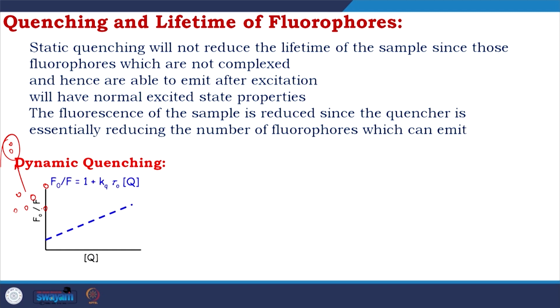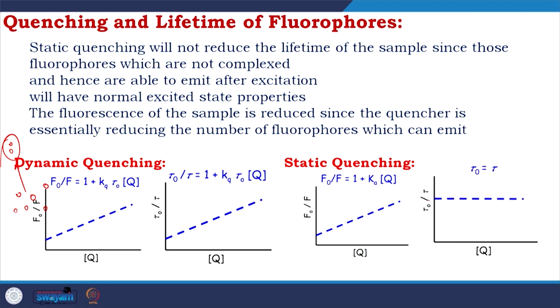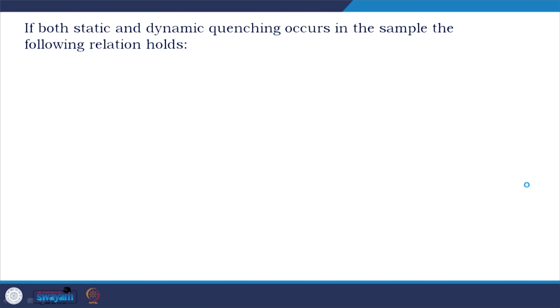So, if you see in dynamic quenching, this is the plot of F0 by F, and this is the plot of tau 0 by tau, mostly the same, whereas in the case of static quenching, this is the F0 by F, whereas tau 0 by tau is a straight line, because here tau 0 equals tau. Sometimes both static and dynamic quenching occur together.